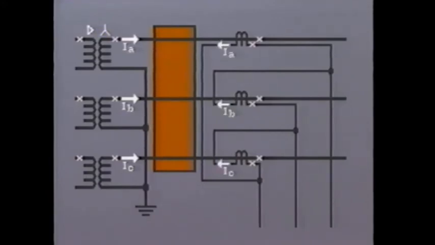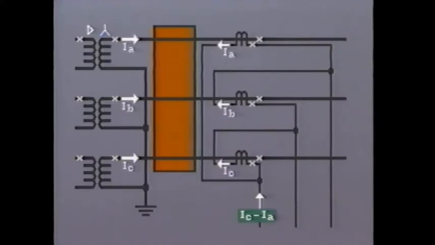Remember that these CTs are connected in delta. Therefore, the secondary current at this point will be IA minus IC. But in order to compare the currents on either side of the differential relay, we must know the value of the current in the opposite direction. So this will be IC minus IA.